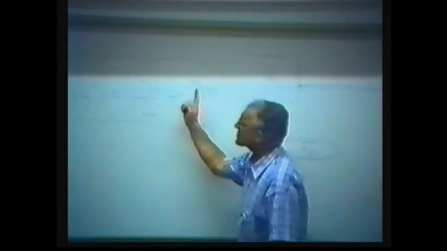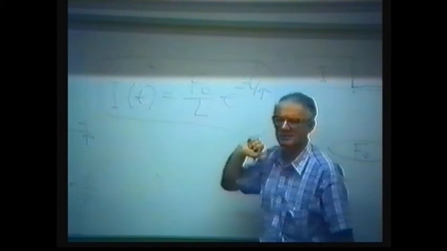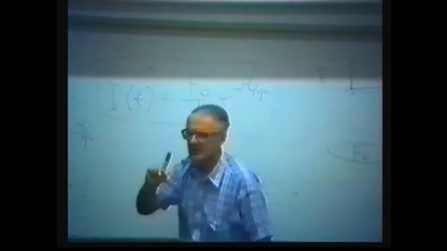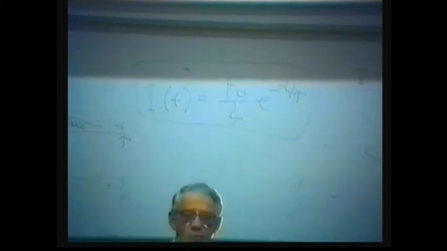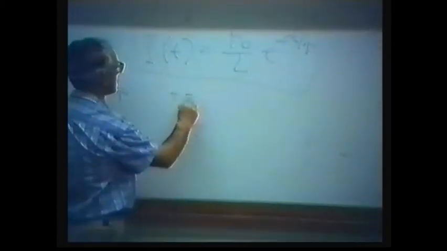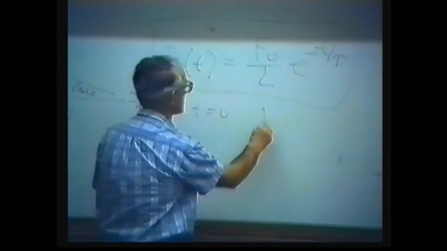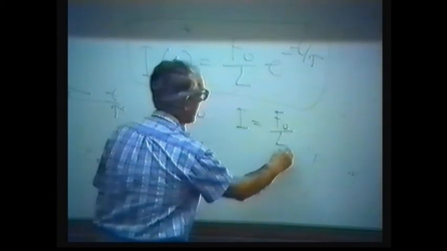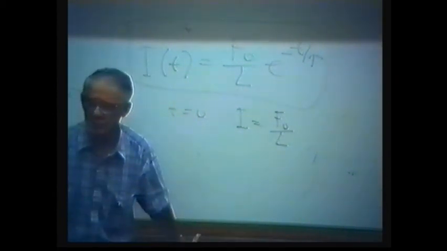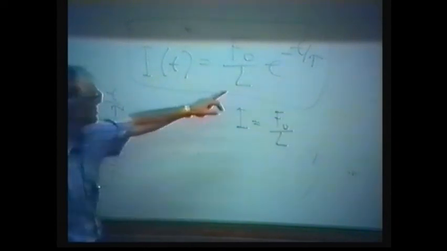But what follows from this expression at the first moment? And this is fundamental fact, all theory of quasi-stationary electromagnetic field. At moment t equals 0, current is equal what? F naught divided by A. True? T equals 0.